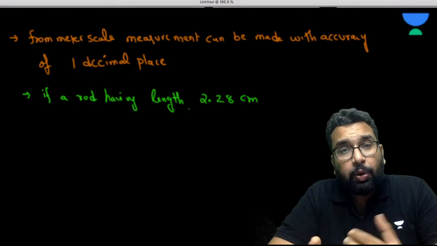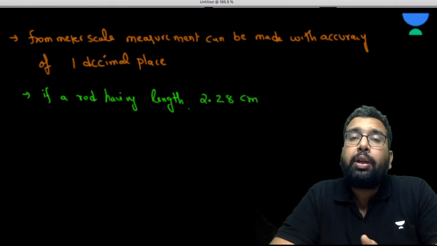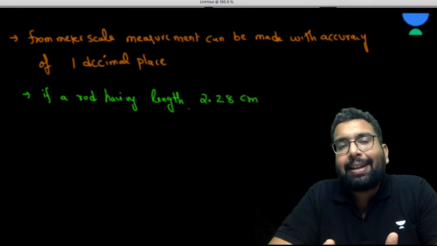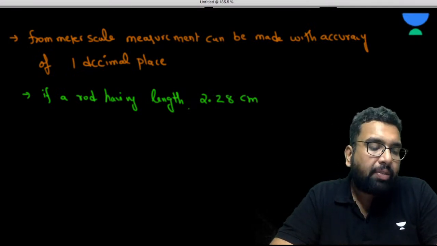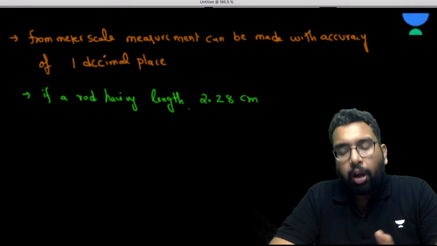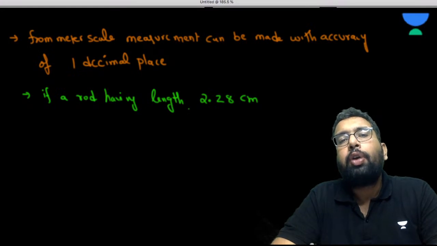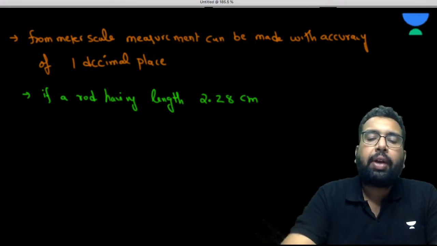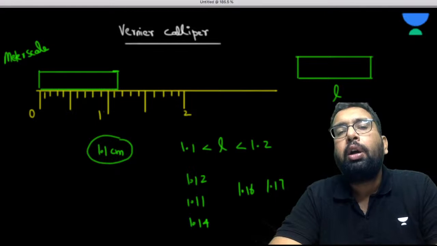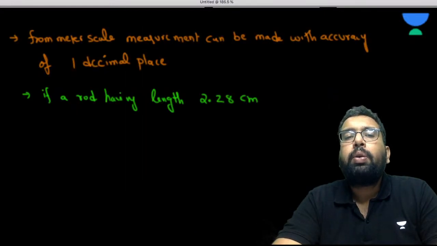Now, if you want to improve the accuracy, you must look for another instrument, another device for the measurement, and that very device is the vernier caliper. Before I move to the vernier caliper, let's try to understand one more thing, which is least count.